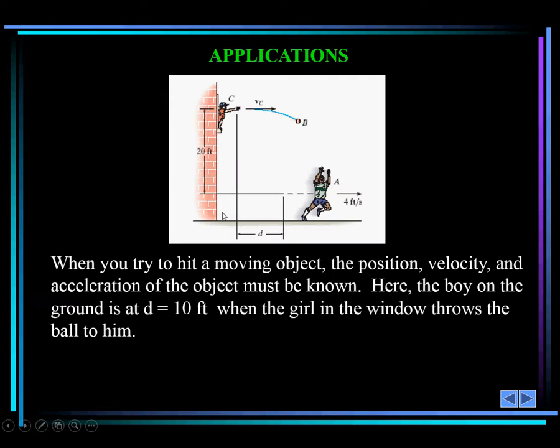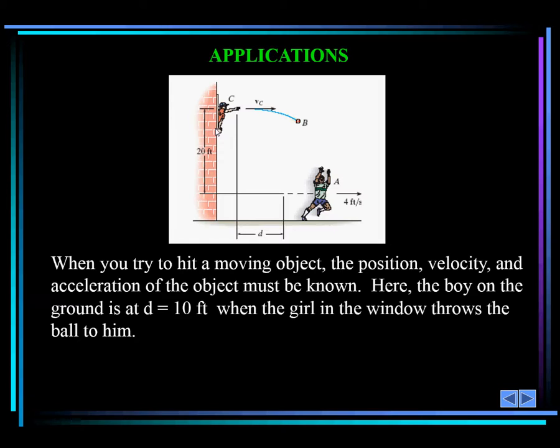All right. Let's see. When you try to hit a moving object, for example, the position, velocity, and acceleration of the object must be known. Here, the boy on the ground is at 10 feet when the girl in the window throws the ball at him.